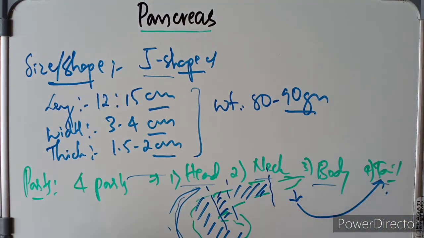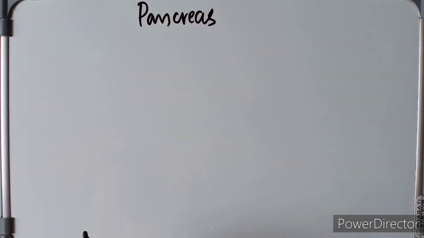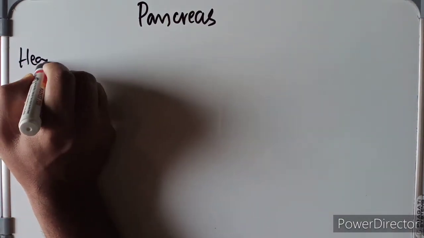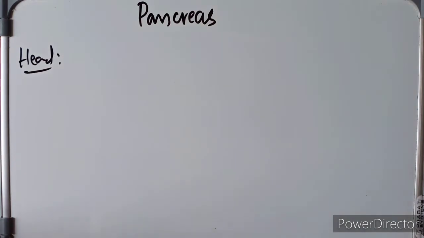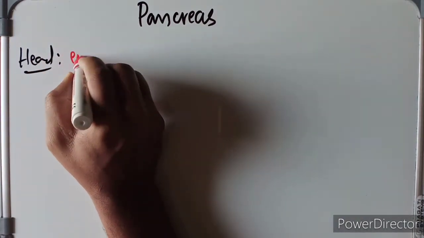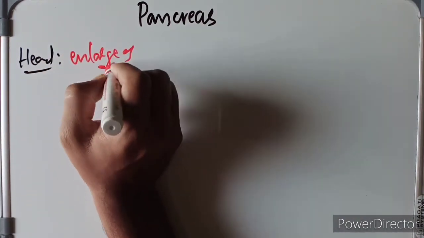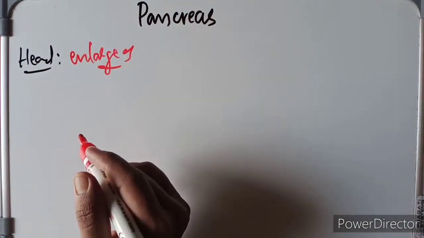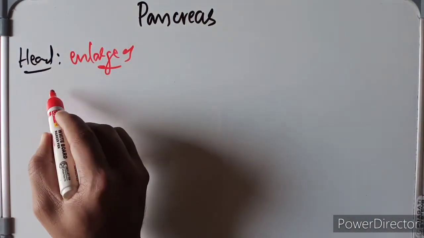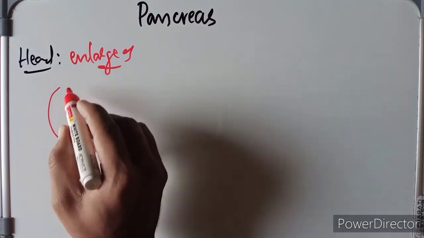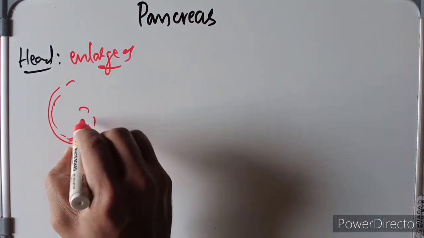Now we will look at individual parts of the pancreas and also their relations. Coming to the head of the pancreas, it is enlarged and disc shaped, towards the right end of the pancreas. It lies in the concavity of the duodenum. If this is the duodenum, the head will lie at the concavity of the duodenum.